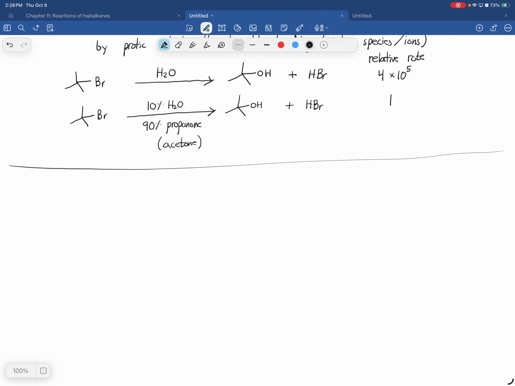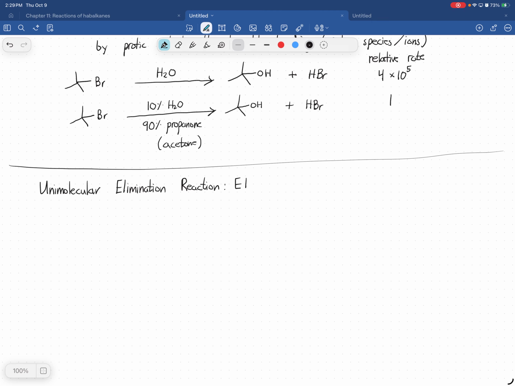This is called unimolecular elimination, with the abbreviation E1.